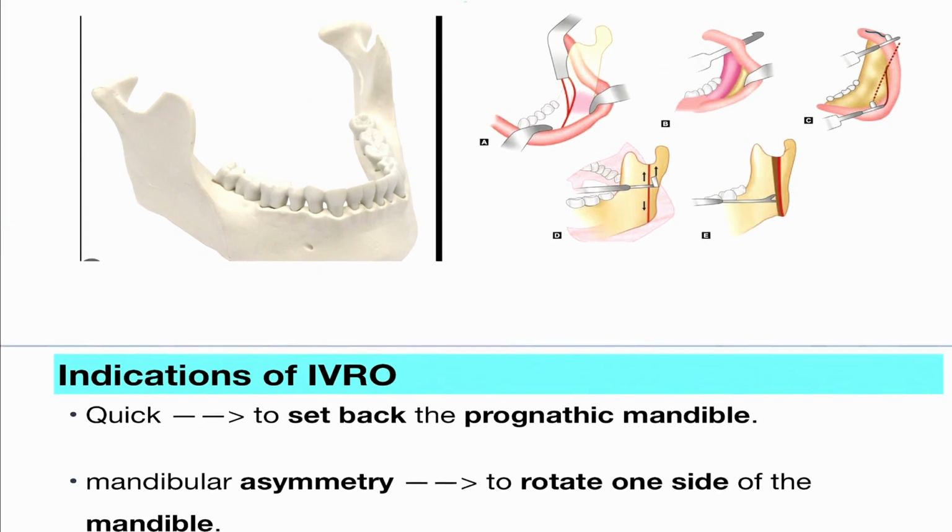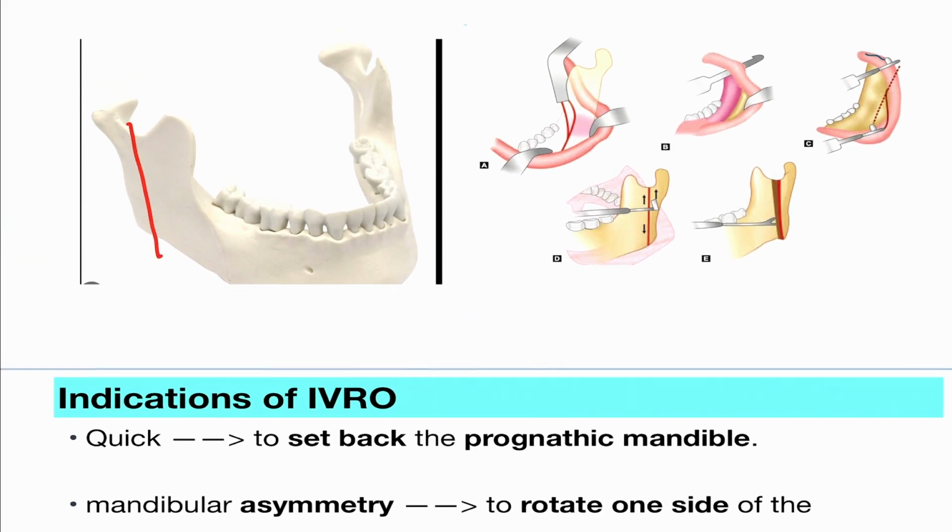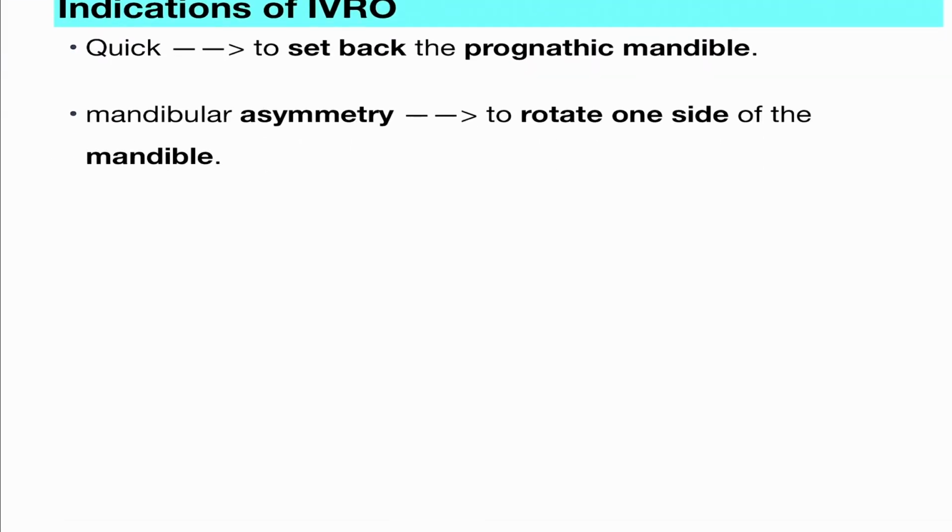I've told you this. You give an osteotomy on one side, and you can rotate it like this, isn't it? If there is an asymmetry, or if you want to rotate it on this side also, you can do it, provided you take more bone from here. So you can do it for a mandibular asymmetry, to rotate one side of the mandible.